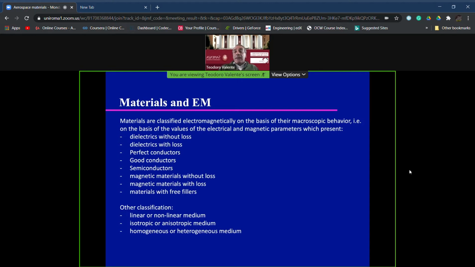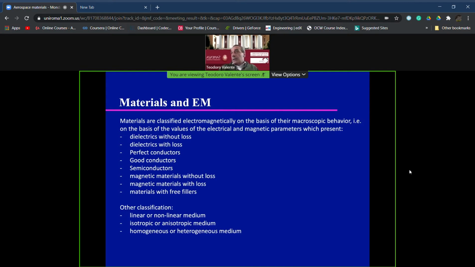We can have the concept of isotropy or anisotropy, and the concept of homogeneous or heterogeneous behavior. The meaning, even though now referred to electromagnetic properties, is the same as those we discussed when we talked about mechanical properties.